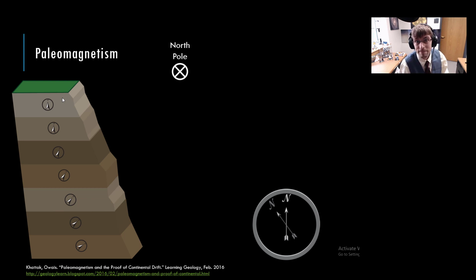So one of the cool things that we have found is that as we go further and further down in the various layers of sediment, of rock, we find that the compass points in slightly different directions.